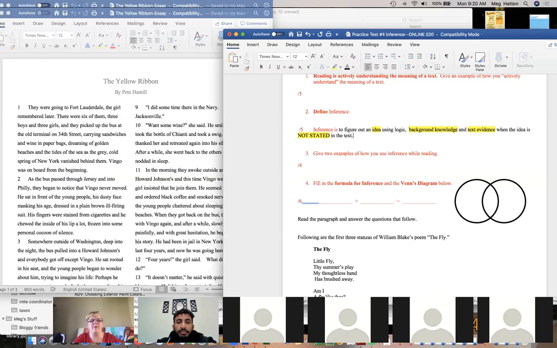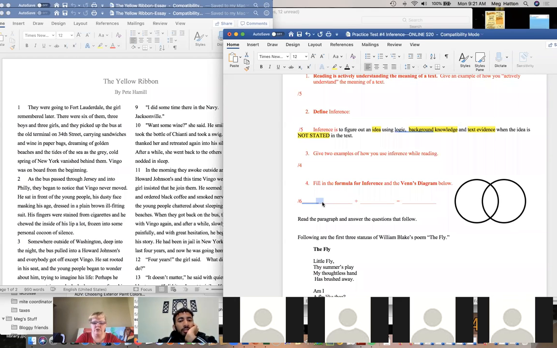Yes. Okay, good. All right, so if we go down here to do a formula for Anna, what would we put here? Blank plus blank equals what? Background knowledge.